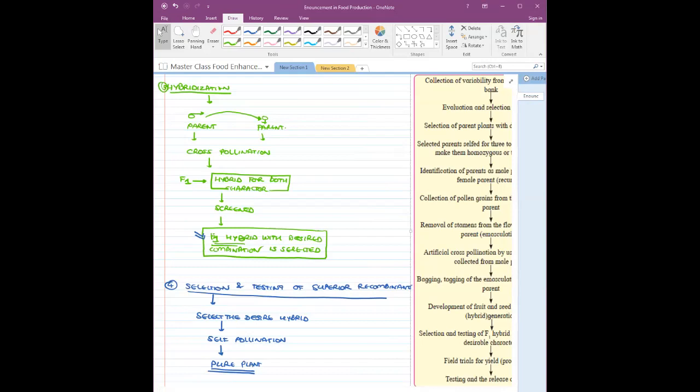So there had to be some way by which we could increase production, and that production was brought about by using this plant hybridization technology.